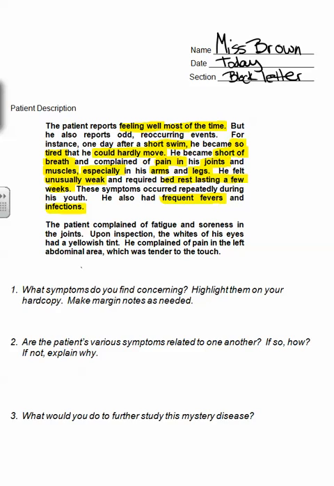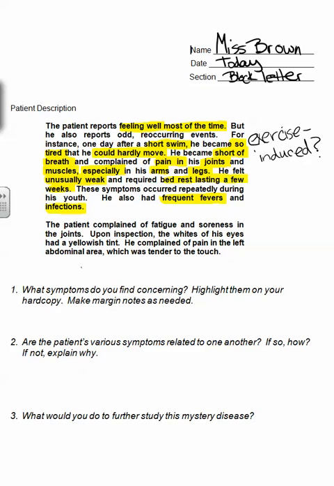Now, as I was going through this and as I review that first paragraph, the idea of a short swim causing him to be tired and in pain makes me think that exercise is important. So I'm going to put something off to the side here called a margin note and put exercise induced, which means caused by exercise, and a question mark.